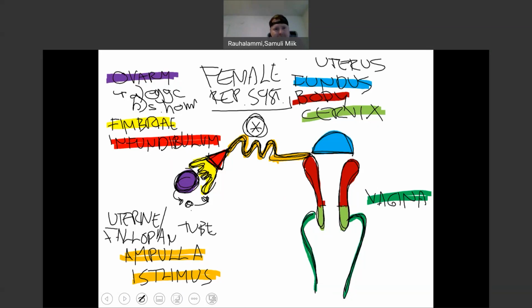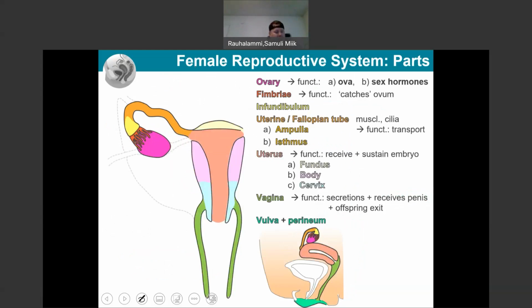So this was our female reproductive system diagram. And I think that it quite nicely summarizes some of the key structures for us to know. Again, I have a little bit more finessed diagram showing the similar structures in case you're wondering about those.